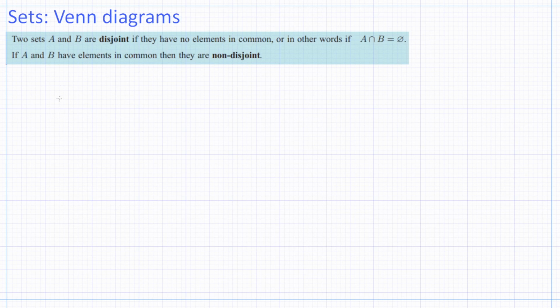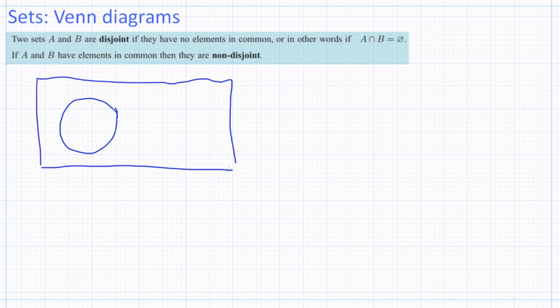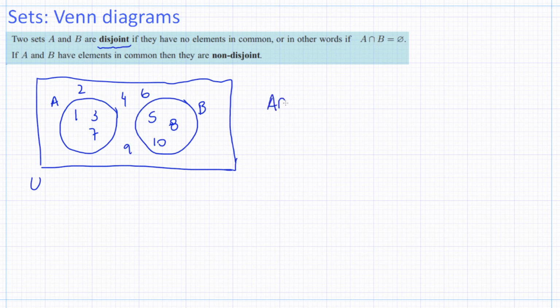When we have two sets and they have nothing in common, so let's say this is my universal set, this is set A, this is my set B. If I have 1, 2, 3, 4, 5, 6, 7, 8, 9, 10, those sets would be said to be disjoint, because if we take the intersection, it's empty.